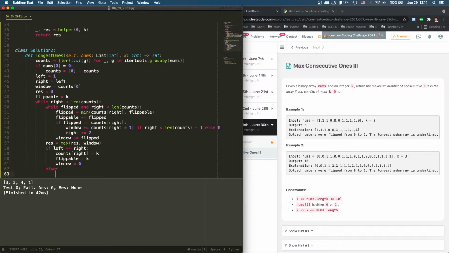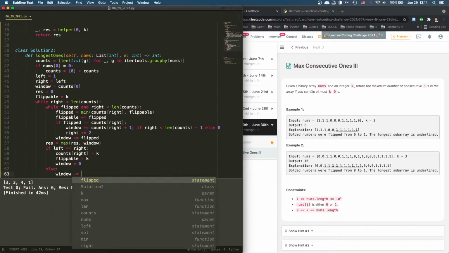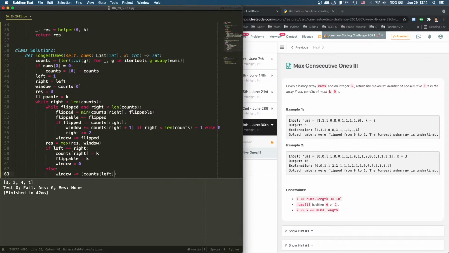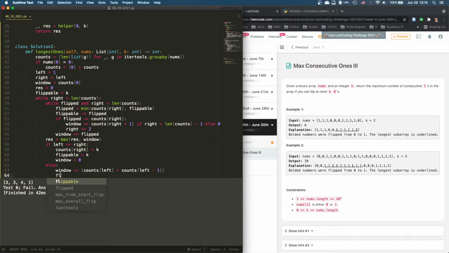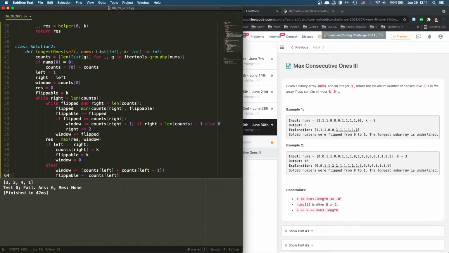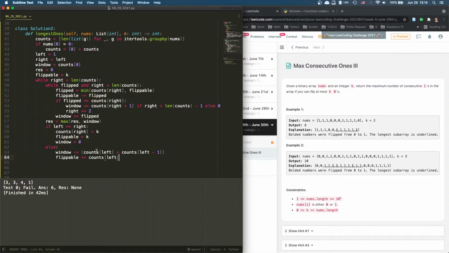And if left is not equal to right, then we take everything from the left, right? Which means window minus equal to counts left, so take everything this, and plus counts left minus 1, because we don't have those anymore. And flippable plus equal to counts left, we increment the flippable, and then we go back.